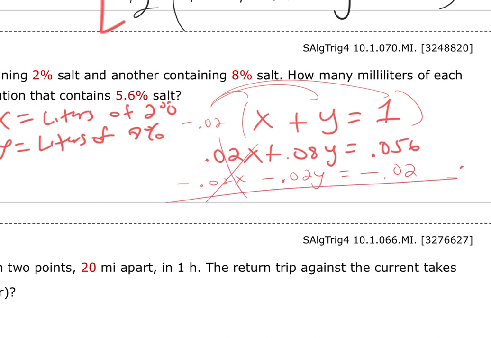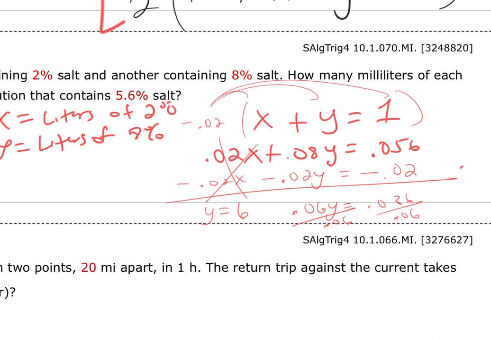And then this cancels the x's out. I have a 0.06y equal to 0.036, and I just have to divide both sides by 0.06, and that will give me y is equal to 0.6, I believe. Let me just do this. 0.036 divided by 0.06 is 0.6.